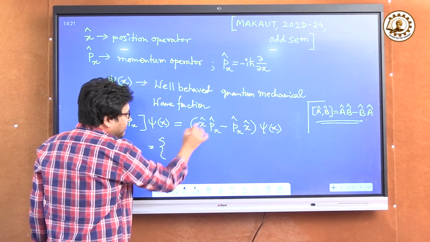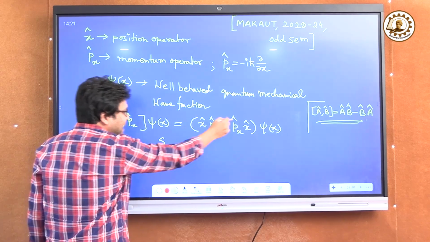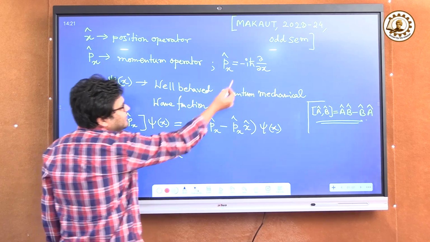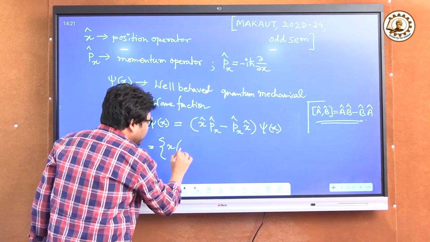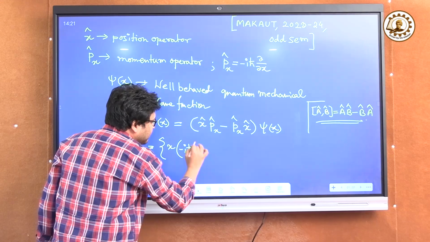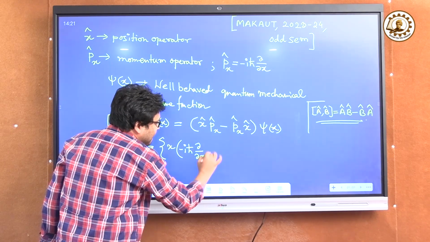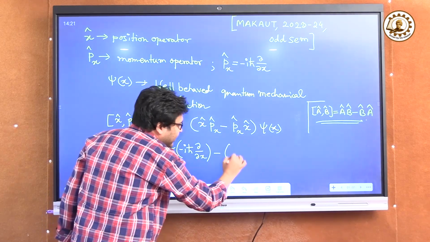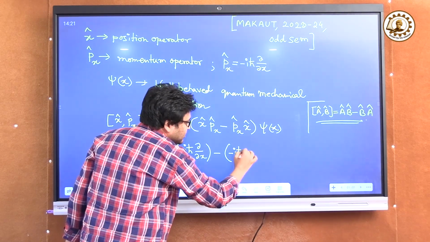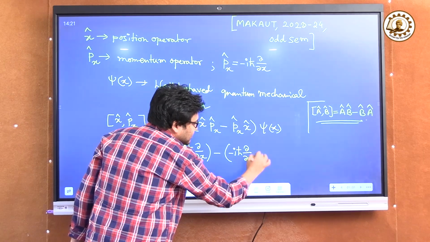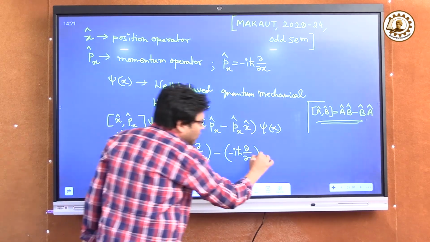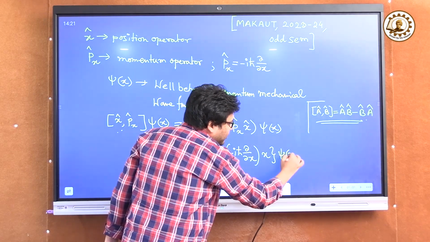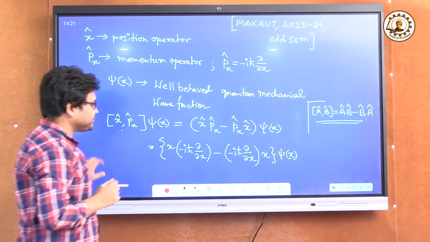Within the second bracket I am dropping the cap notation for x and px cap, so I write x times minus i h cut del del x, minus, here we have px cap, so I can write minus i h cut del del x, and this x cap can also be written as only x, that is going to operate on the wave function psi of x.